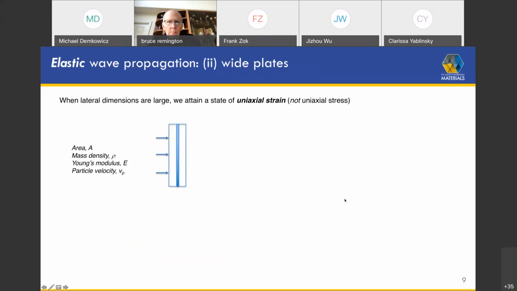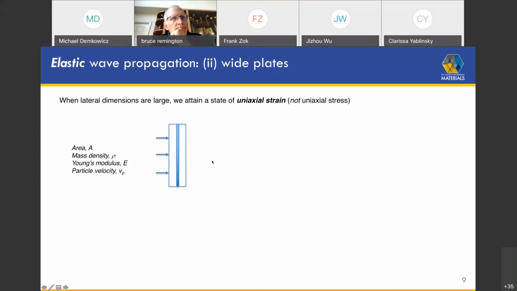Now, when we get into wide plates, the problem changes in the following sense. If we imagine hitting it with a pulse on this face, and we look at some increment of volume slightly ahead of that face, at a distance that's small compared to the lateral dimension, we find that for all intents and purposes, the strains in the vertical direction and in the out-of-plane direction are zero.